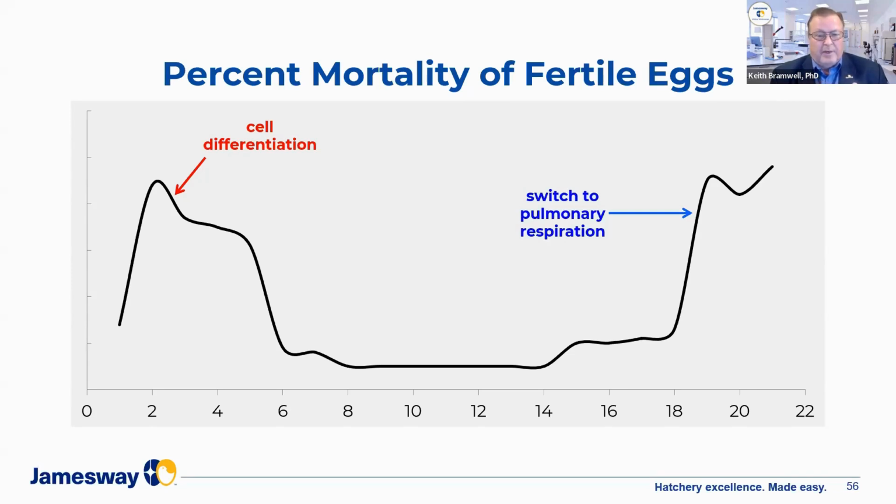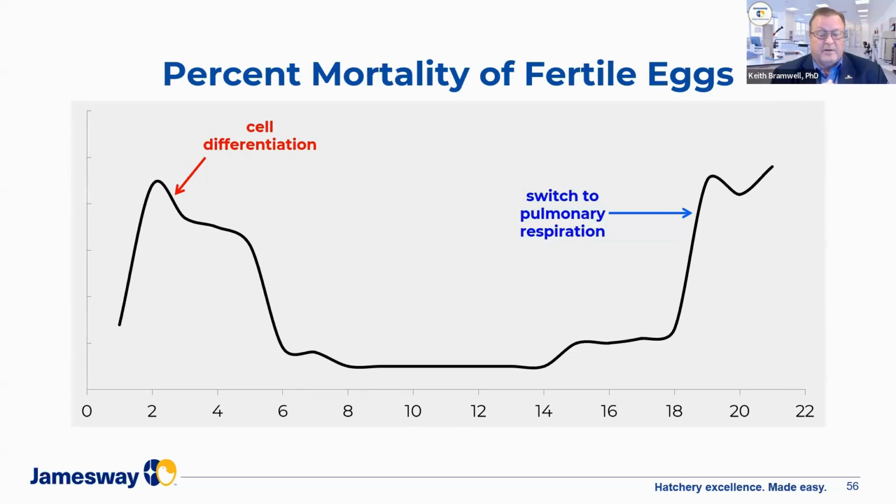Around 18, 19 days, pushing more to 19, the chick pips into the air cell. The leg tooth breaks the membrane, pips into the air cell, and then they take that first breath of air. Now they are getting all the oxygen exchanged through their lungs, through their pulmonary respiratory system. If that doesn't occur properly, we get death. And again, that's another biological thing: we're going to get some death. Things just don't go exactly right.